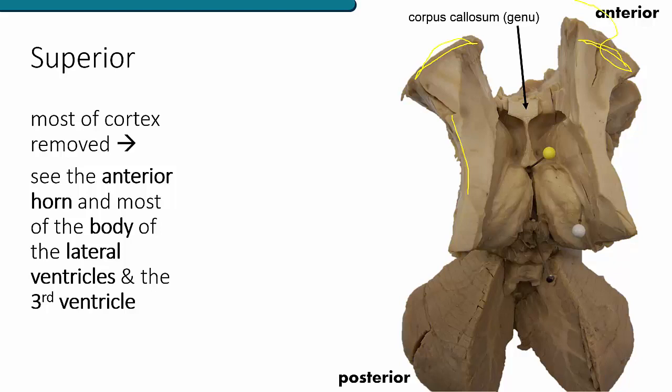We can see the white matter here and here, that white matter tract traveling to and from the cortex. But we've removed much of the frontal as well as all of the parietal, all of the temporal, and all of the occipital. And by removing that, we're able to see the posterior aspect of the brainstem, as well as much of the cerebellum here.